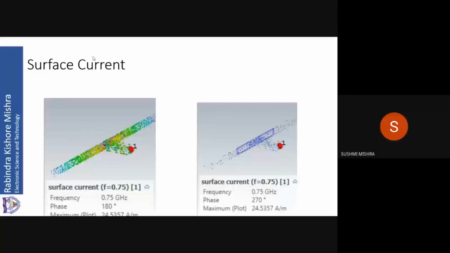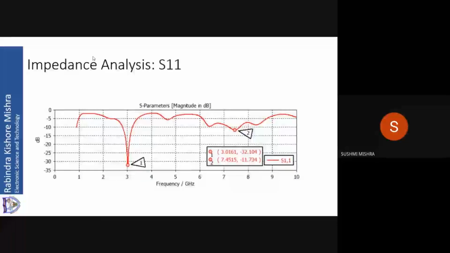Now with these current distributions, we have fed the dipole. Let us see what the input impedance will be over a broad frequency range. It is from slightly less than 1 gigahertz to 10 gigahertz.